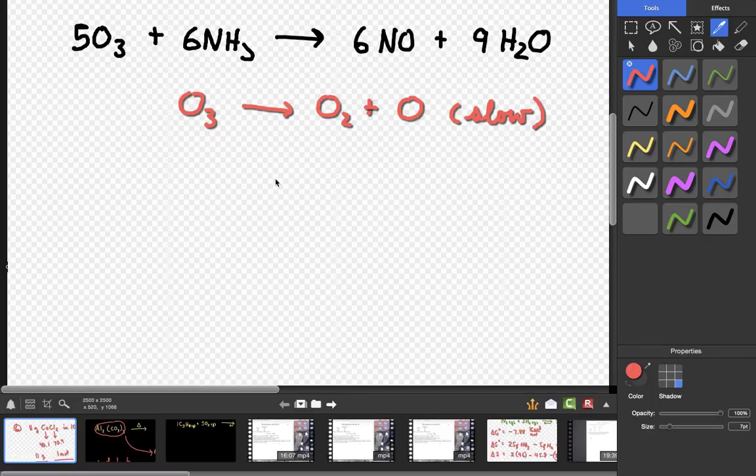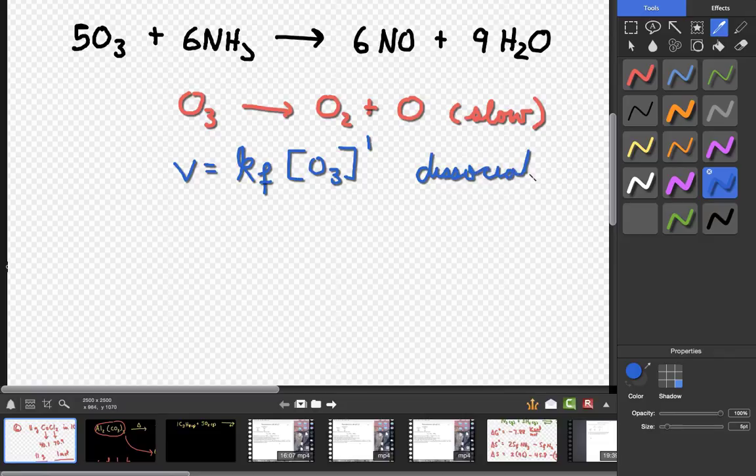So that means that I can write the kinetic rate expression as the speed of the reaction is equal to K of the forward reaction times the concentration of ozone to the first power. This is what we call a dissociative mechanism. There's no collision, but rather it's a bond breaking process.